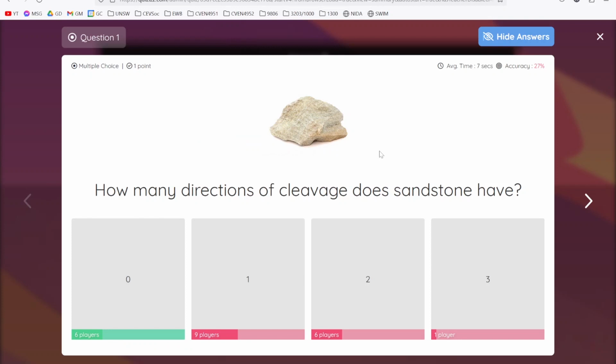So the idea is with sandstone, I know it's in different bedding layers, but in terms of the chemical bonds, there's actually no planes of weakness. So you'll see that sandstone can chip off, it doesn't have a predictable chipping pattern. Do you know what I mean? Let me draw it on the whiteboard.